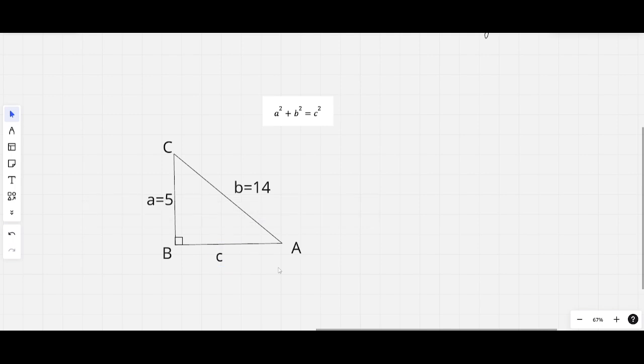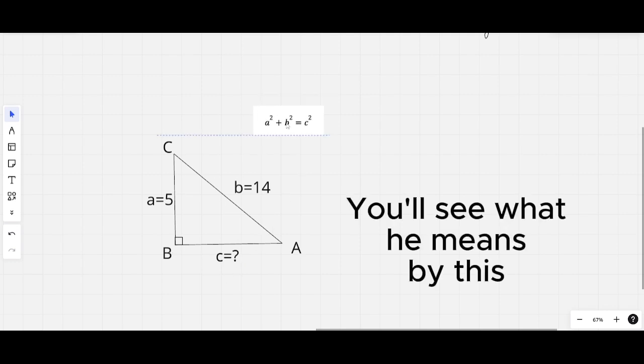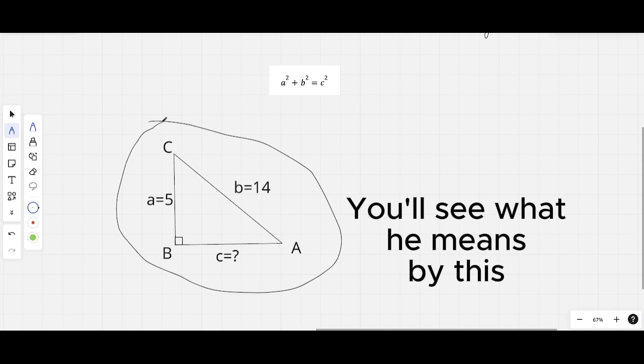So now, to fill in all of our side lengths, we have to find for C. So what does C equal, which is our missing variable? However, you cannot simply just put all of these variables in because of this equation over here. We actually have to build our equation based on the variables of this triangle that we have over here.